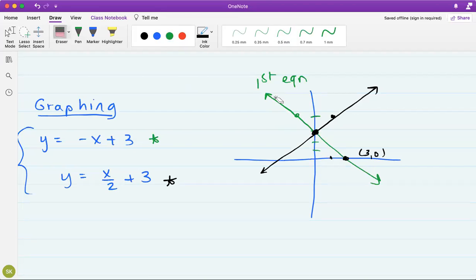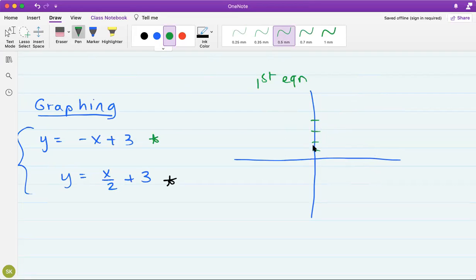So maybe we can draw it just a little bit better. So let's see, 1, 2, 3, 4, and I'm also going to do that on the bottom here. So try to space them evenly. Okay, so for the first equation, we went through 3, and it was up 1 over 1.